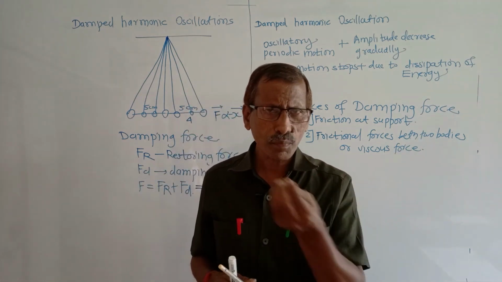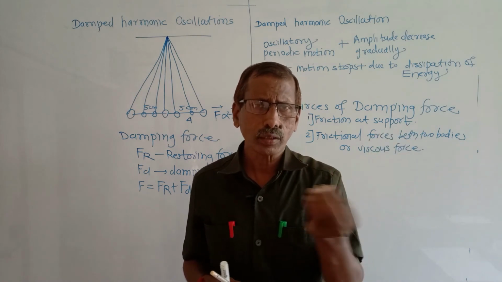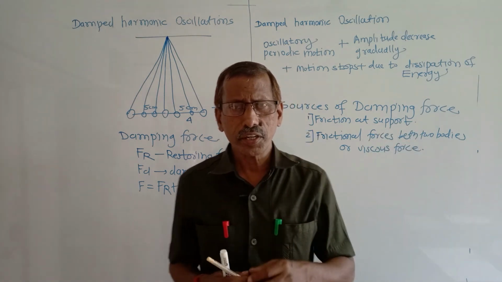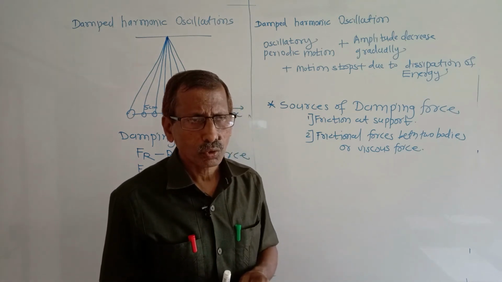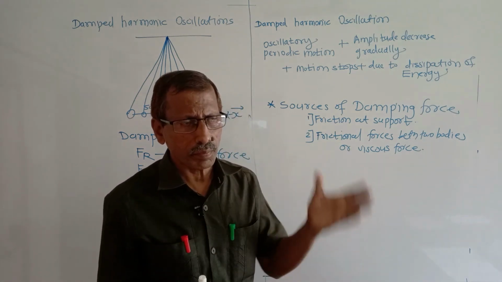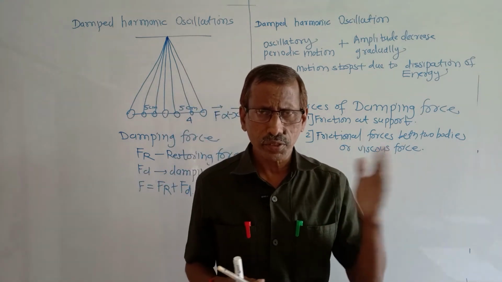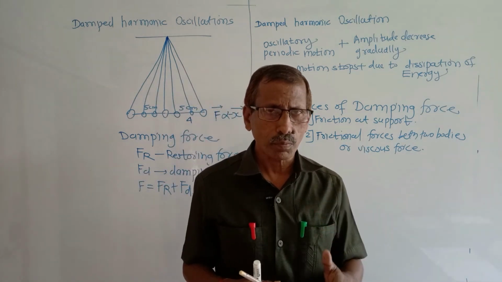So when the body is performing damped harmonic oscillation, there is a dissipation of energy. So the energy of that oscillating system goes on decreasing. Finally, the energy becomes zero and the motion stops.